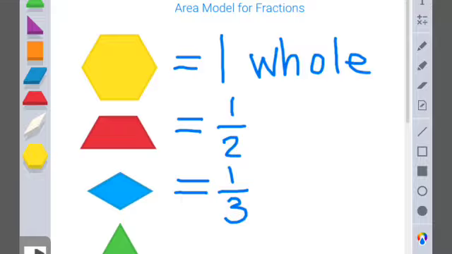Okay, I need to know how many green triangles it takes to make one whole, so I can fill up the one whole with my green triangles and see how many of these it would take to make the whole.